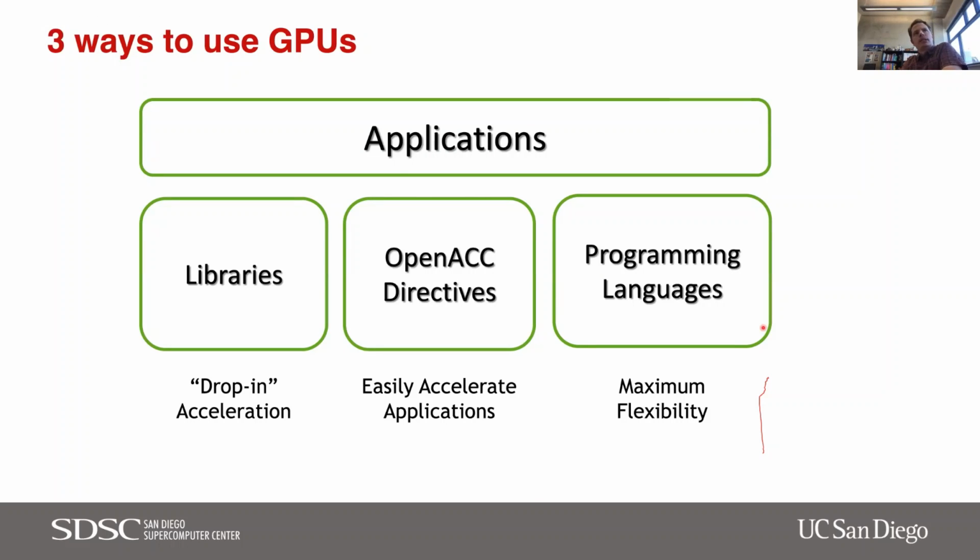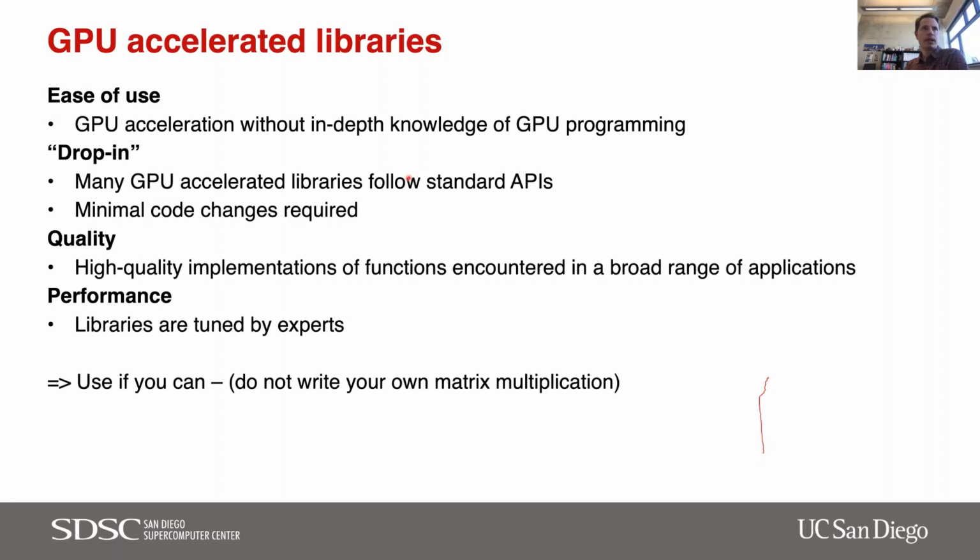So with that, how do you actually use GPUs, assuming you have software that runs on CPUs and now you want to use GPUs? Like I mentioned, there are three primary ways. You can use libraries, you can use OpenACC directives, or you can explicitly program this via CUDA, for instance. If you use libraries, that's ideal if you can do that, because you don't have to know much about programming, and you can just have a drop-in replacement, typically because all those libraries follow standard APIs.